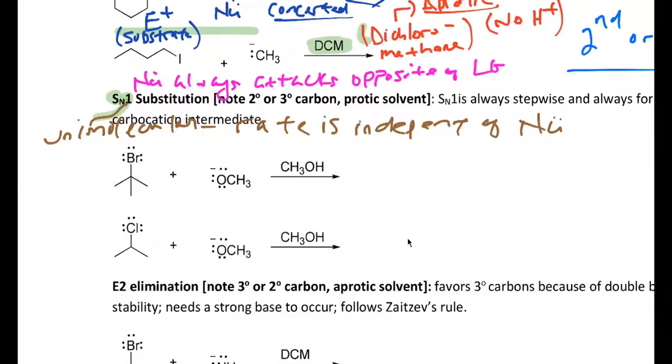The only things that can increase the rate of an SN1 reaction are two things: the quality of your leaving group, or the stability of your intermediate. Those are the only two things that change the rate.